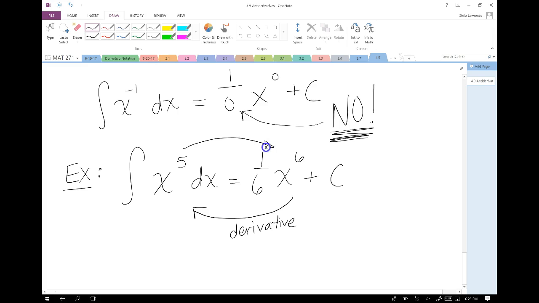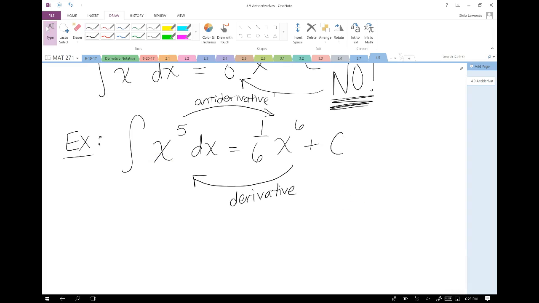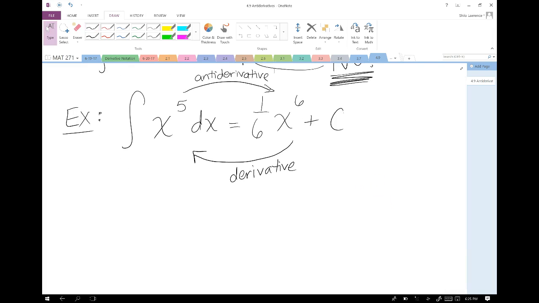So what we just did is antiderivative. And then if we want to check it, we can take the derivative of 1/6 x to the 6th and see if it gives us back x to the 5th. So it's like a little circle. They should just go back and forth to each other if we do derivative and antiderivative.